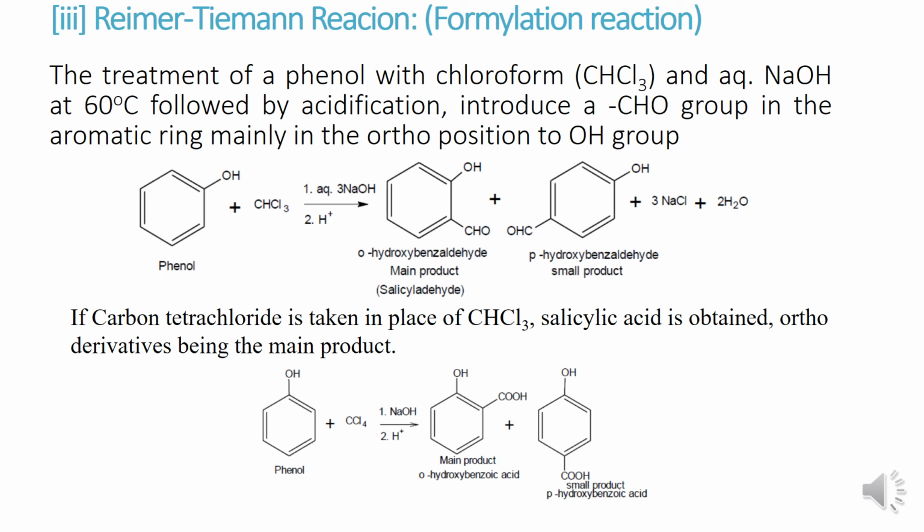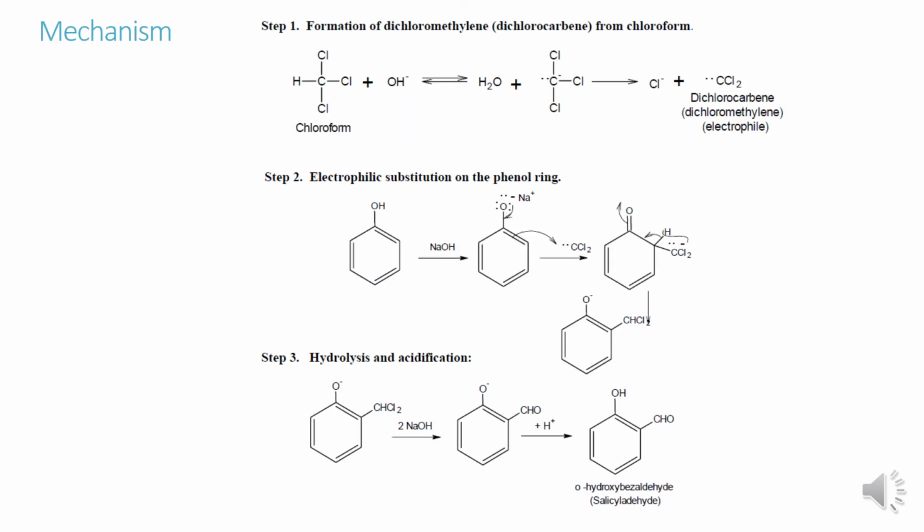Now let us move on to its mechanism of action, the formylation reaction mechanism. So it takes place in three steps. In the first step, formation of dichlorocarbene from chloroform. So dichlorocarbene is the electrophile here.